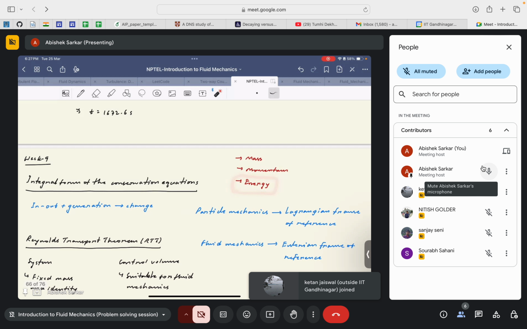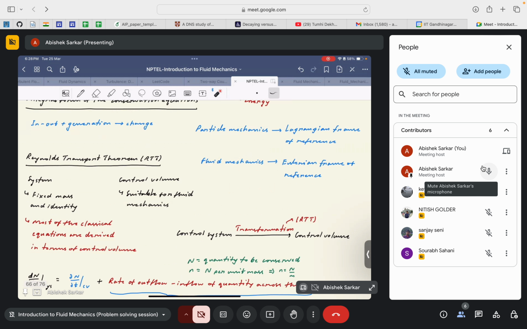It is beyond the scope of this particular course, but it also plays a crucial role in fluid mechanics if it contains any heat transfer elements. Since we do not have that here, we will only limit ourselves to mass and momentum conservation, which we will see both of in today's discussions.